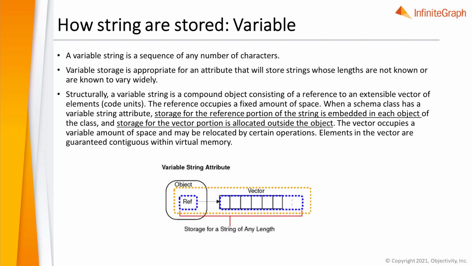When a schema class has a variable string attribute, storage for the reference portion of the string is embedded in each object of the class, and storage for the vector portion is allocated outside of the object. The vector occupies a variable amount of space and may be relocated by certain operations. Elements in the vector are guaranteed to be contiguous within virtual memory.